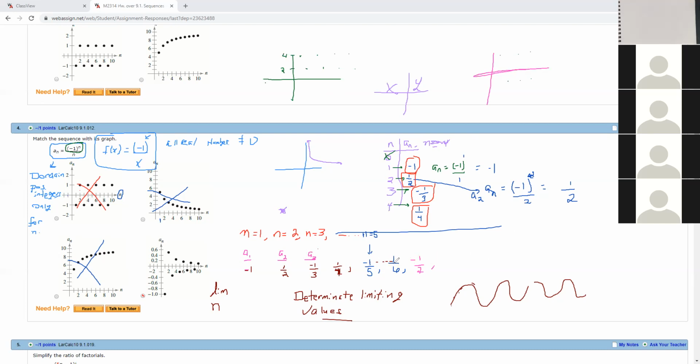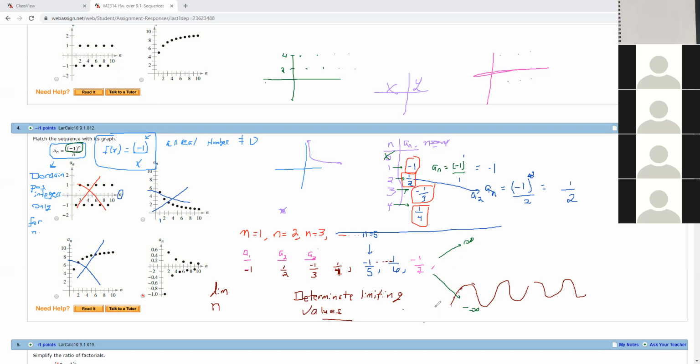And secondly, they're alternating between negative and positive. So there's no way these can go towards infinity only. And there's no way these can go to negative infinity only, because these fraction values, when you divide them in your calculator, are getting smaller and smaller. So these are not possible.